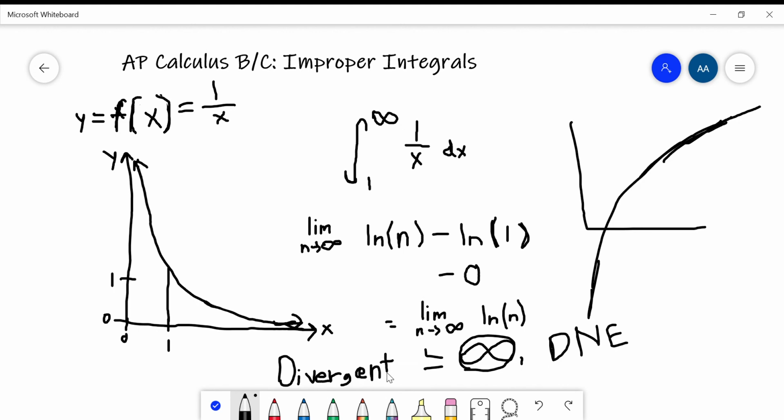And this may not seem like anything important. It might be asked in your calculus class, like, is this integral divergent or convergent? But this will become more important when you get to series and sequences, and specifically the integral test. You will use this divergent and convergent topic pretty often.